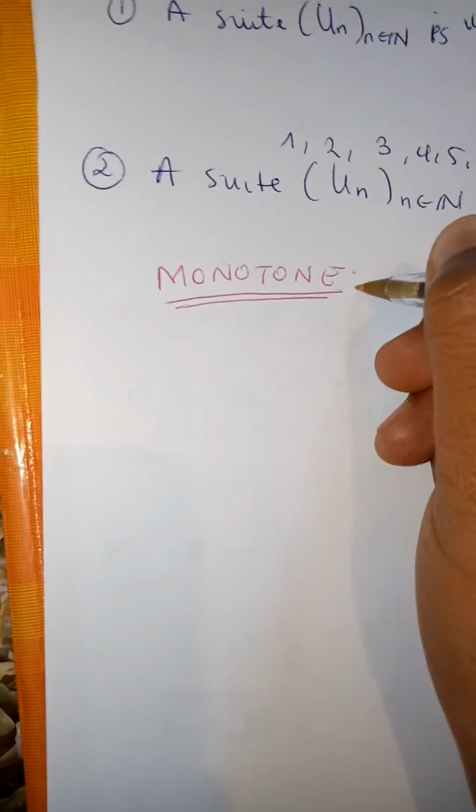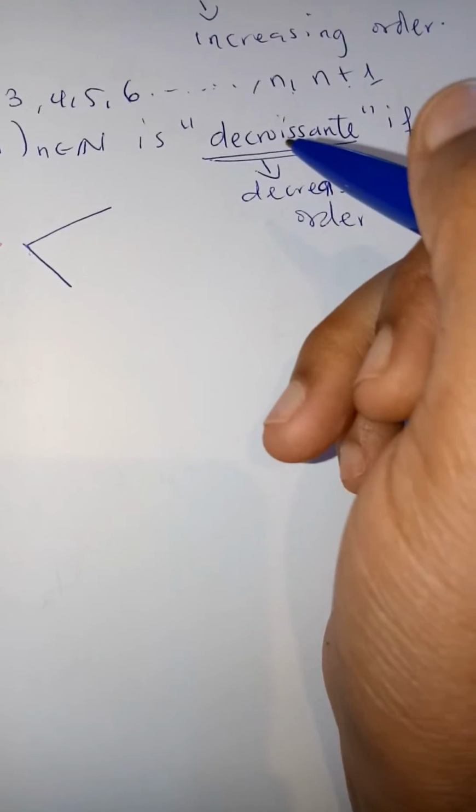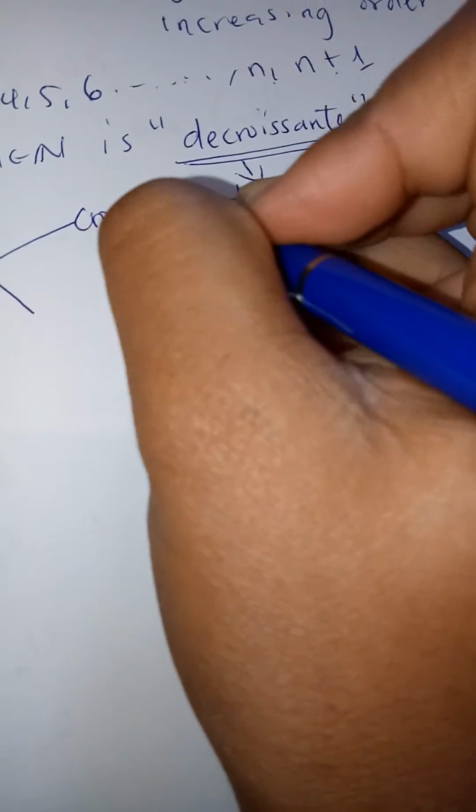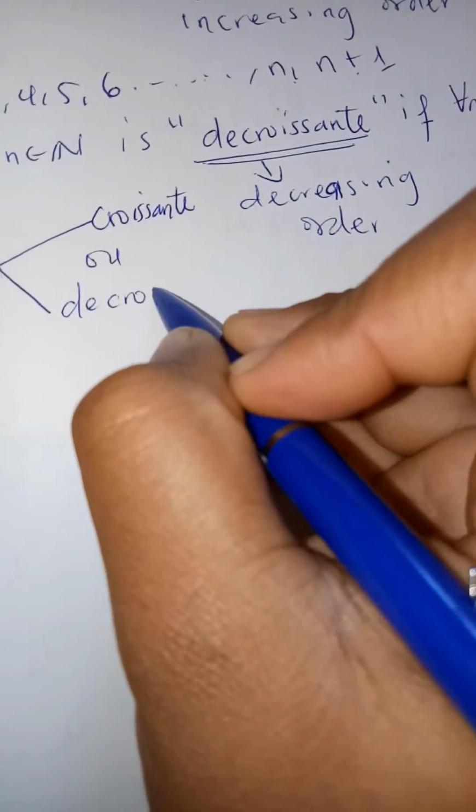Now, a suite is said to be monotone. People that have come to ask me questions always get confused when it comes to what is a suite monotone. A suite monotone is a suite that is croissante ou décroissante.